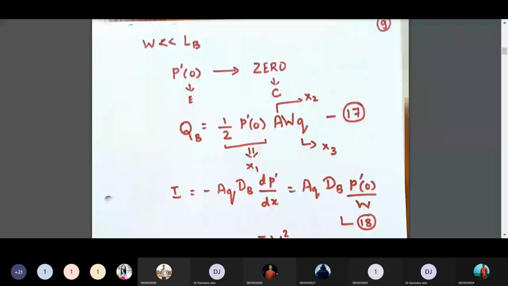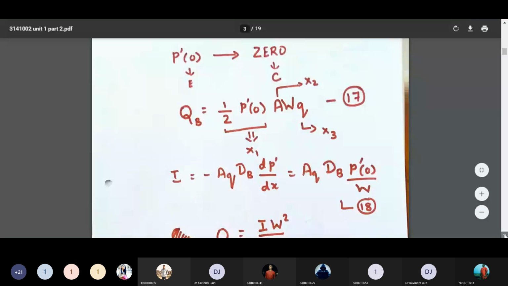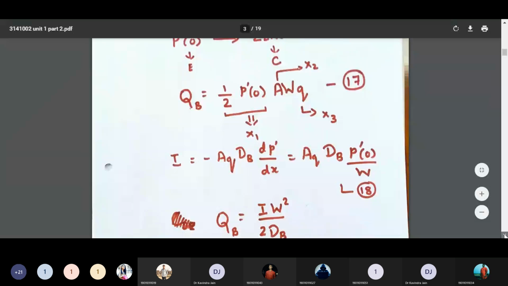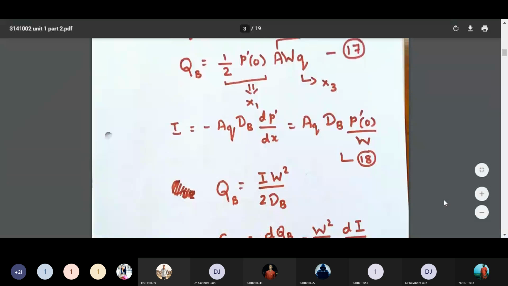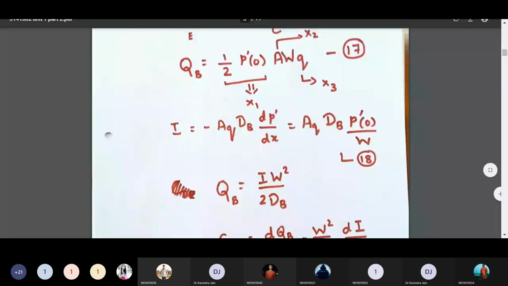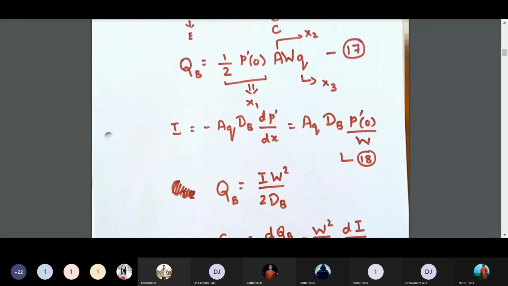Hence, from equation number 17 and equation number 18, if I combine both of them, QB would be equal to something like this. Do not worry about the terminologies for this particular article, it is not so important.